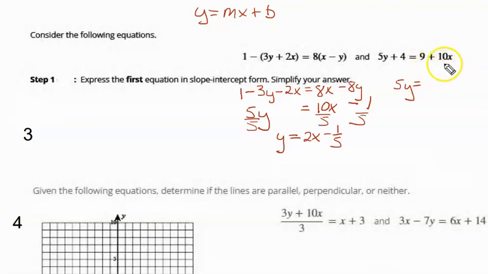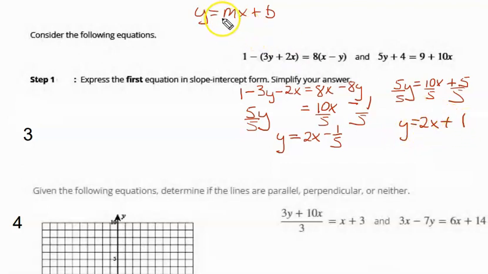Now we'll put the 10 right here, 10x. And we're going to bring this positive 4 over as a negative 4. So this becomes a 5 here. Divide everything by 5. And we end up with y equals 2x plus 1.